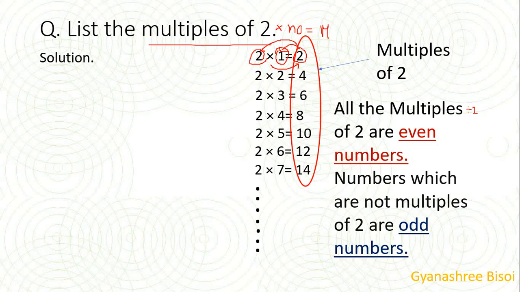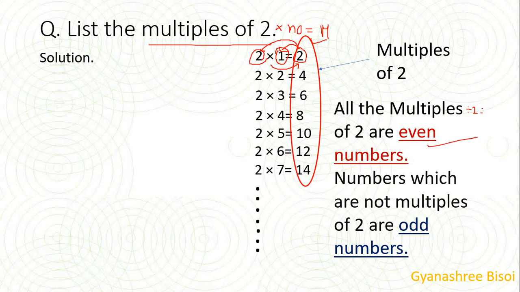All the multiples of 2 are divisible by 2 without any remainder. That means if a number is divisible by 2, then that is an even number.